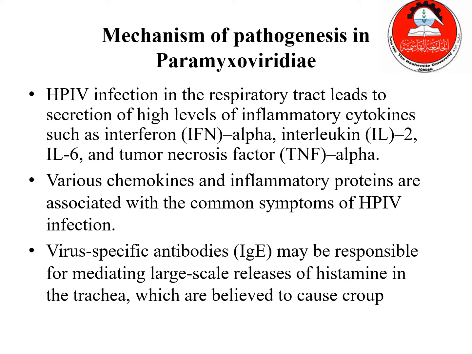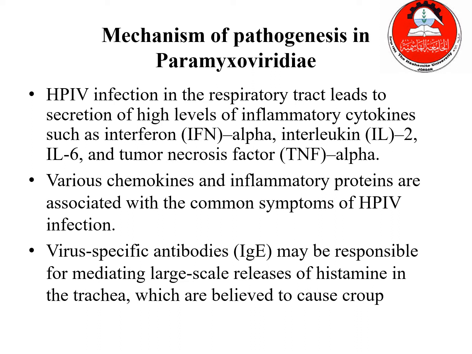How does the parainfluenza virus cause pathogenesis in the respiratory tract once it infects children? Infection in the respiratory tract leads to secretion of high levels of cytokines such as interferon, interleukin-2, interleukin-6, and tumor necrosis factor alpha. And these chemokines and inflammatory proteins are associated with the symptoms which are seen in parainfluenza virus infection.